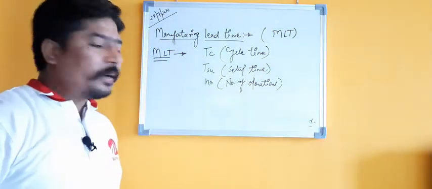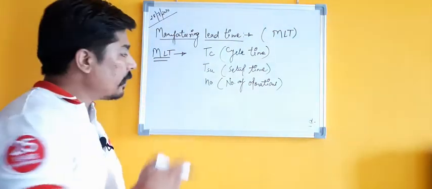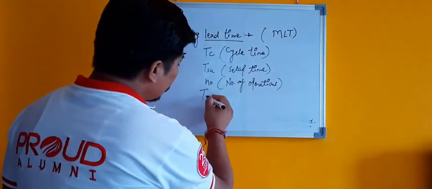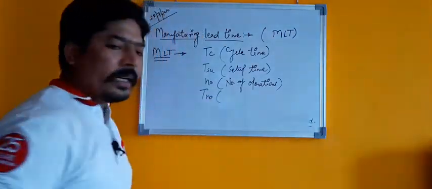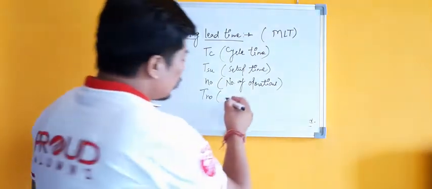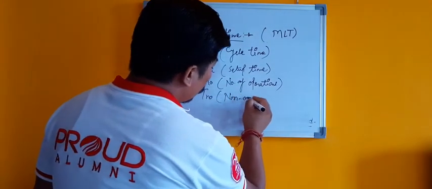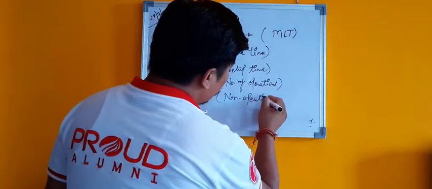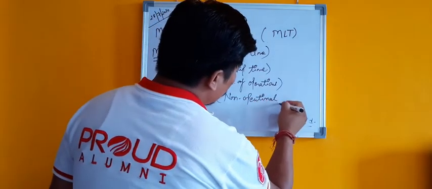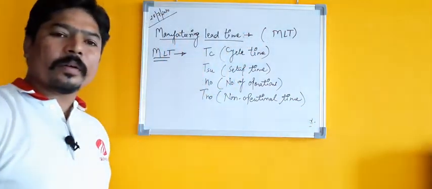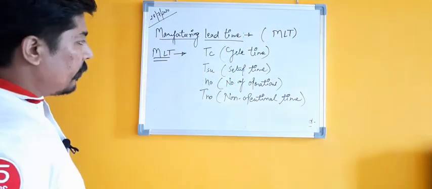TC will be your cycle time, TSU will be your setup time, and NO will be the number of operations. At the same time, TNO is the non-operational time. TNO will be your non-operational time.